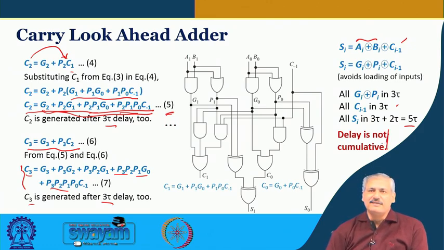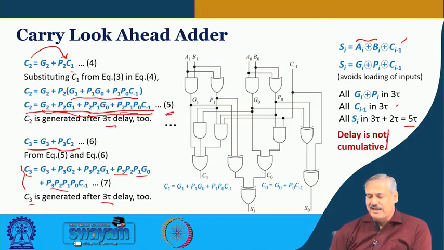And how do we realize this circuit? The circuit realization is a little bit more complex than in the case of normal ripple carry addition. We are showing 2 such bits here. This is A1 B1 and this is A0 B0, and G1 P1 and G0 P0 are getting generated by an AND gate and an OR gate.